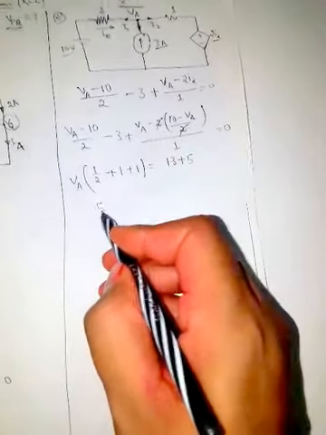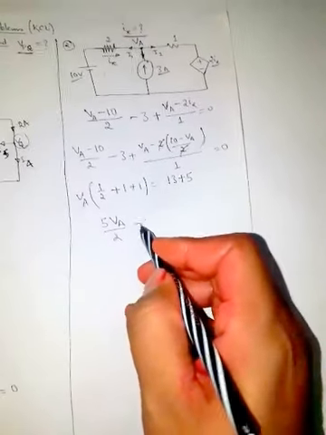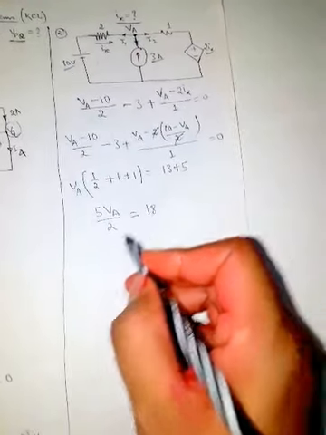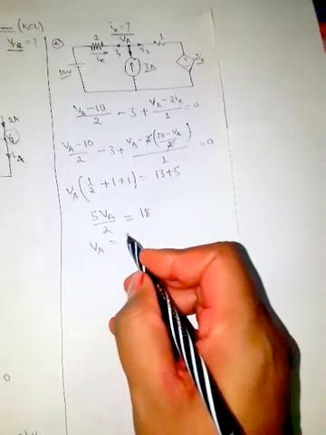That is, 5VA by 2 is equal to 18. So VA is equal to 36 by 5.